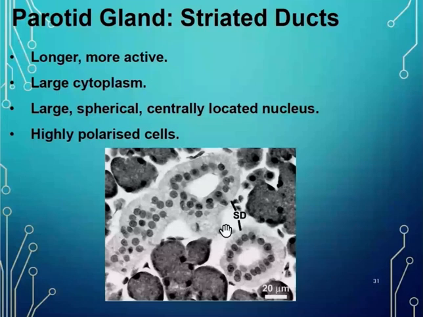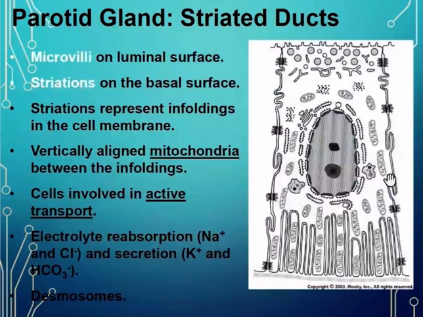They are larger and more columnar in shape, with a large spherical, centrally positioned nucleus that you can identify here. These cells can be easily identified through their nucleus.